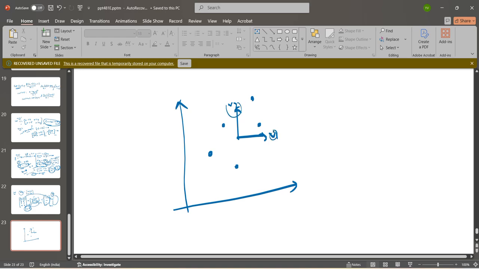So if we have the V2 point and V1 point, we have to draw the line like this. If you are choosing V2, then estimate all the values on only V2 and plot on V2. If you are choosing V1, then plot all on V1. So that is the way we convert the two dimensional to one dimension.